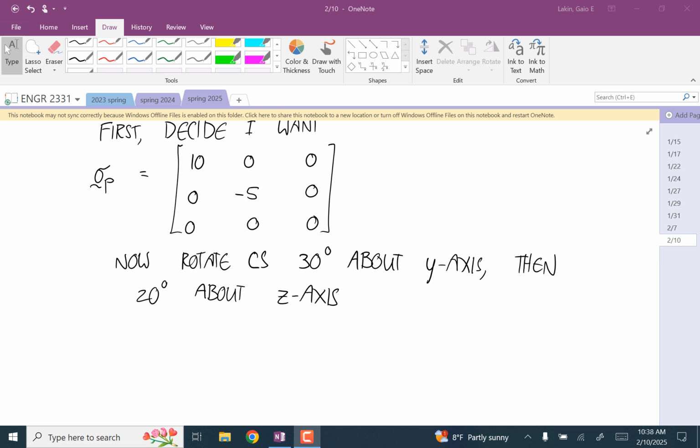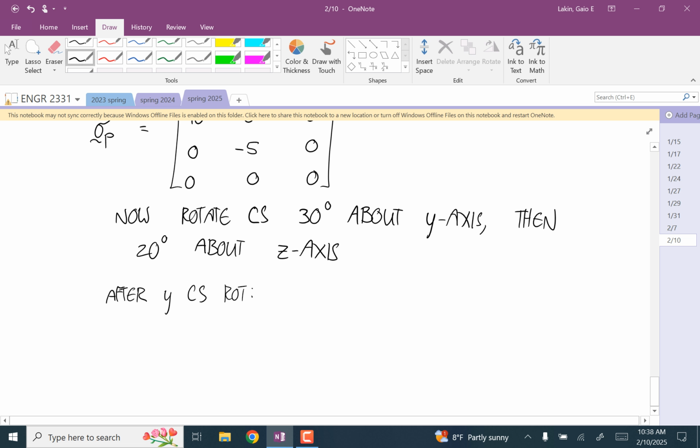The rotation about the y-axis, I have 7.5, 0, 4.33, 0, negative 5, 0, 4.33, 0, 2.5.